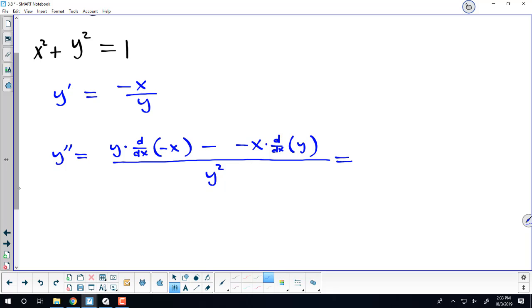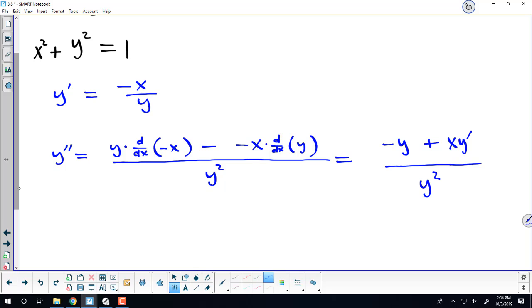So we have negative 1 times y, or negative y, plus x times the derivative of y. So that's plus x y prime, and all of that's over y squared. And there's no way to simplify that.